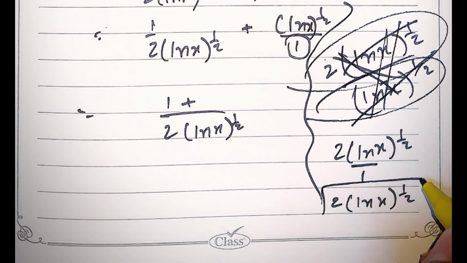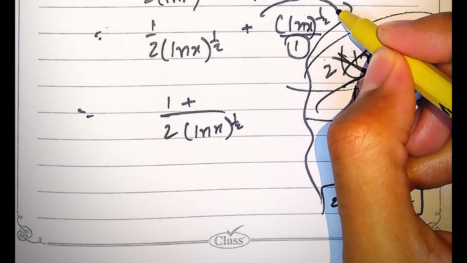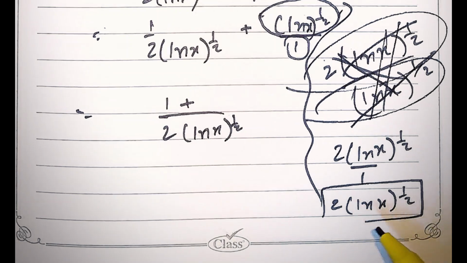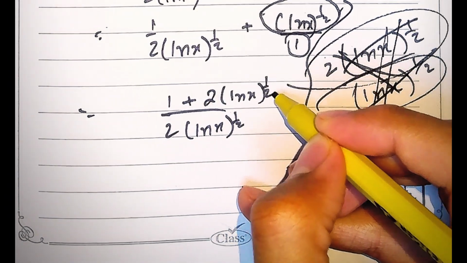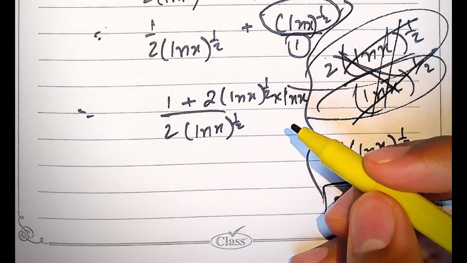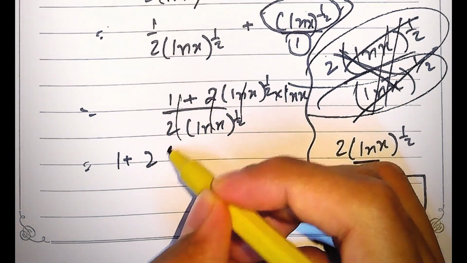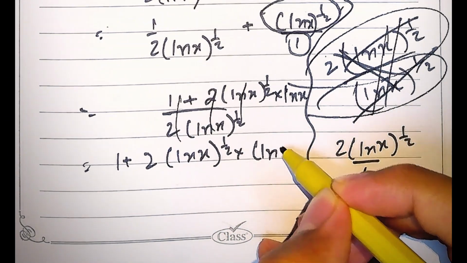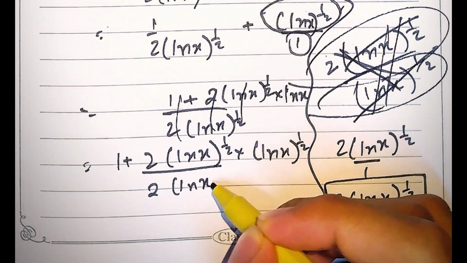Now this term 2 log of x^(1/2) will be multiplied by this numerator right over here. Okay, so this is actually the basic rule of LCM. When we multiply it, it will become 2 log of x power 1/2 multiplied by, actually it is getting a bit messier, so let me just write it over here, 1 plus 2 log of x^(1/2), multiplied by log of x^(1/2), divided by 2 log of x^(1/2).